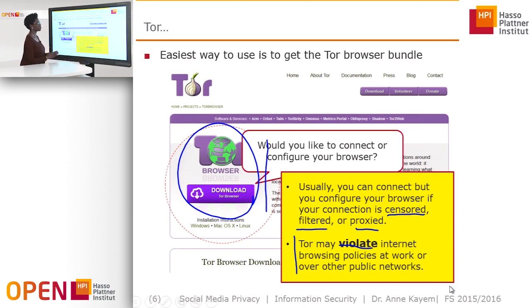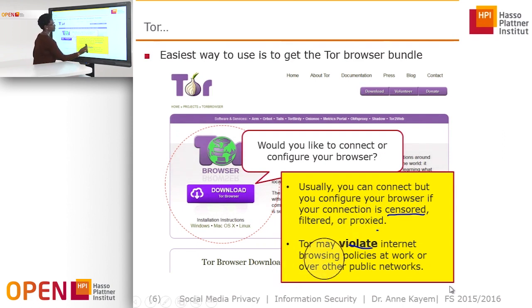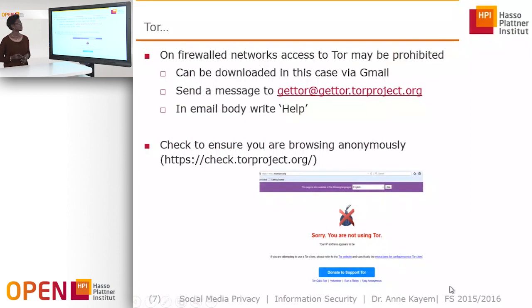Okay. What you want to do is that once you have decided that you want to connect to Tor, you've done the download and everything, you should at the end get some message that requests some information from you, asking if you would like to connect or configure your browser, and then follow the instructions from then on to get Tor configured to work with your system.